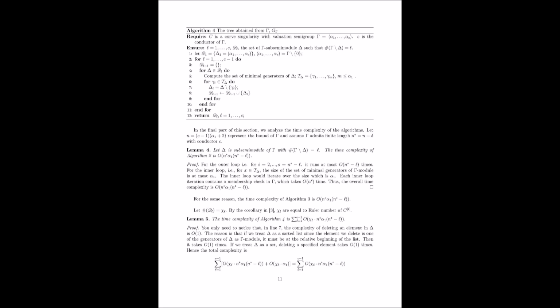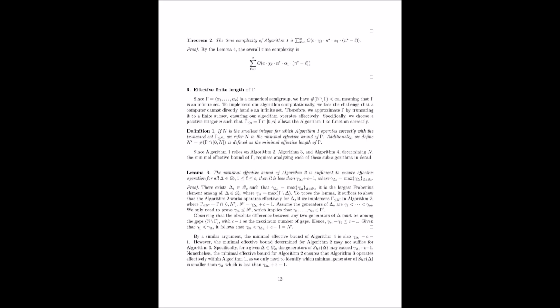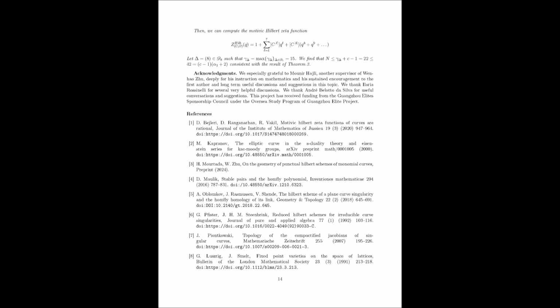Algorithm 2 starts by initializing a set T_delta with the first element of delta, which is a_1, which is guaranteed to be a minimal generator. Then it iterates through the remaining elements of delta, checking if each element can be expressed as a sum of an existing minimal generator in T_delta and an element from the valuation semigroup.